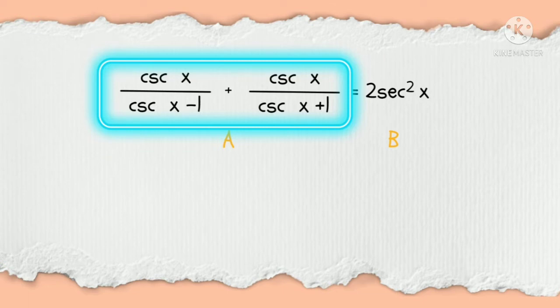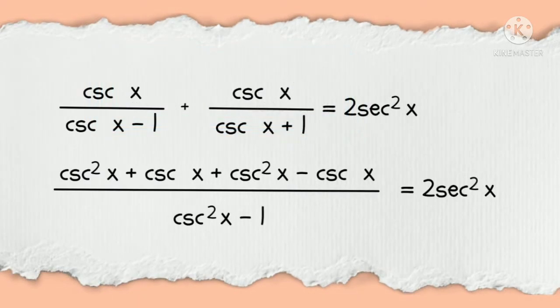Which means that we are going to prove if this side is equal to the other side. To start, we need to add these two fractions using cross multiplication to have cosecant squared theta plus cosecant theta plus cosecant squared theta minus cosecant theta over cosecant squared theta minus 1.